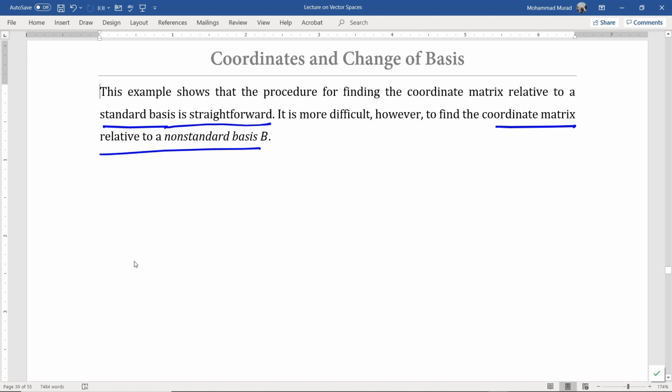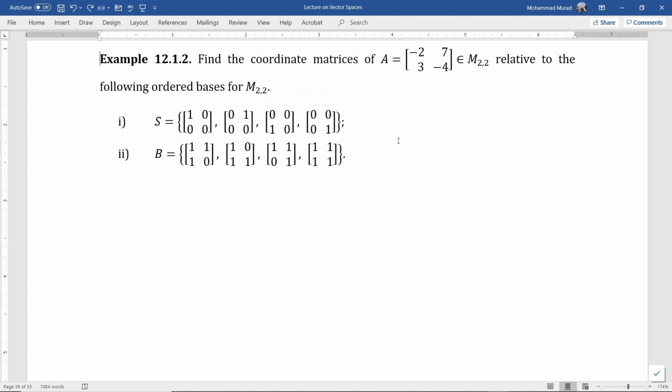Let's have a look at another example. In this example, we want to find the coordinate matrices of the matrix A taken from the vector space M₂,₂ relative to the following ordered basis for the vector space M₂,₂.